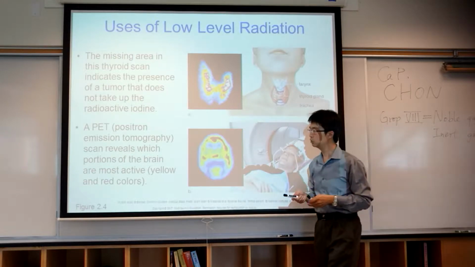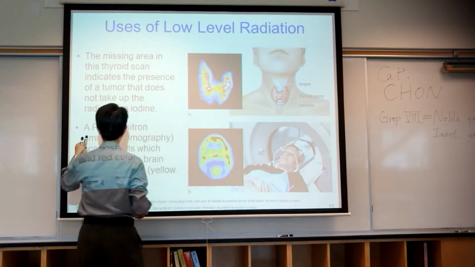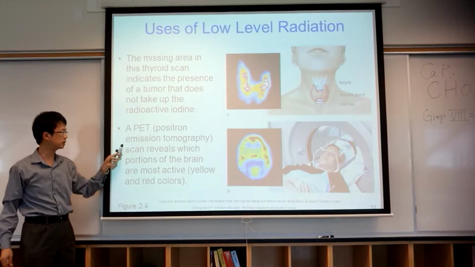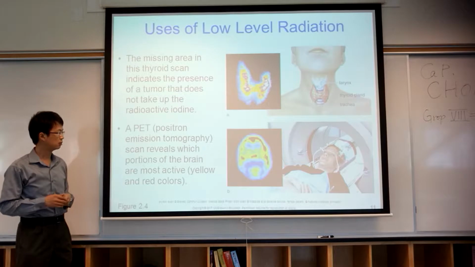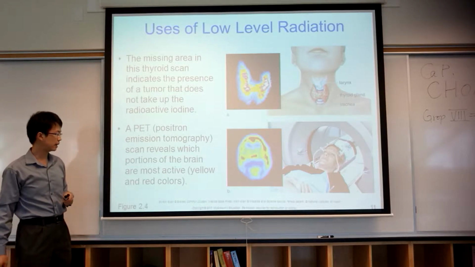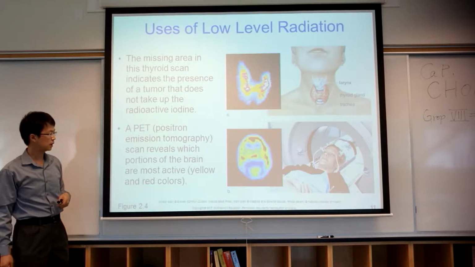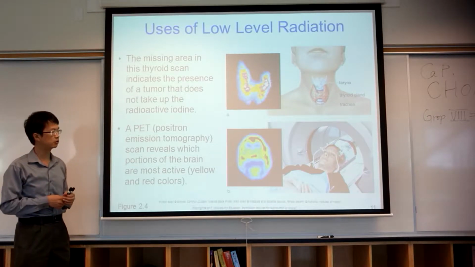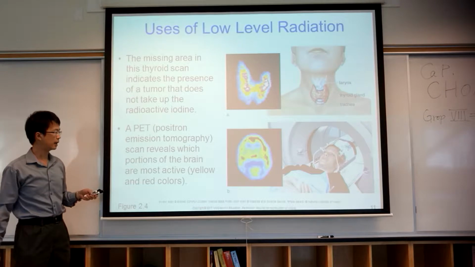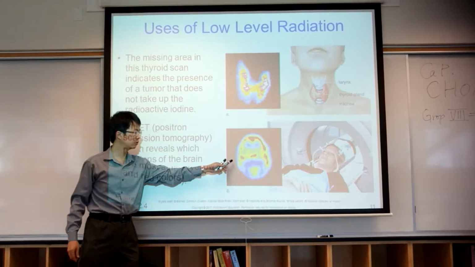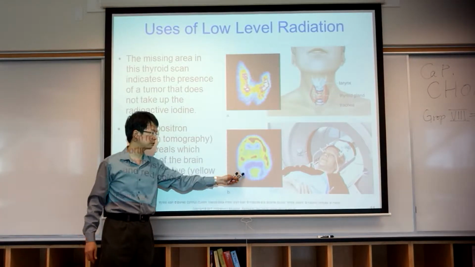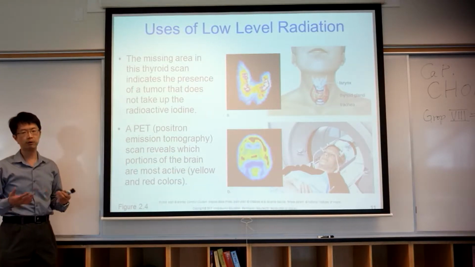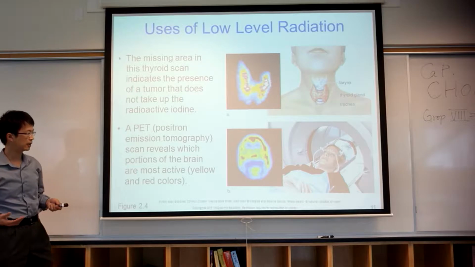And then we can also use radioactive isotopes in a PET scan. PET stands for positron emission tomography. So what happens is that the doctor injects the radioactive isotope into your bloodstream, and then the radioactive isotope will go to your brain, and when they scan your brain, the more active part of your brain will become red or yellow.